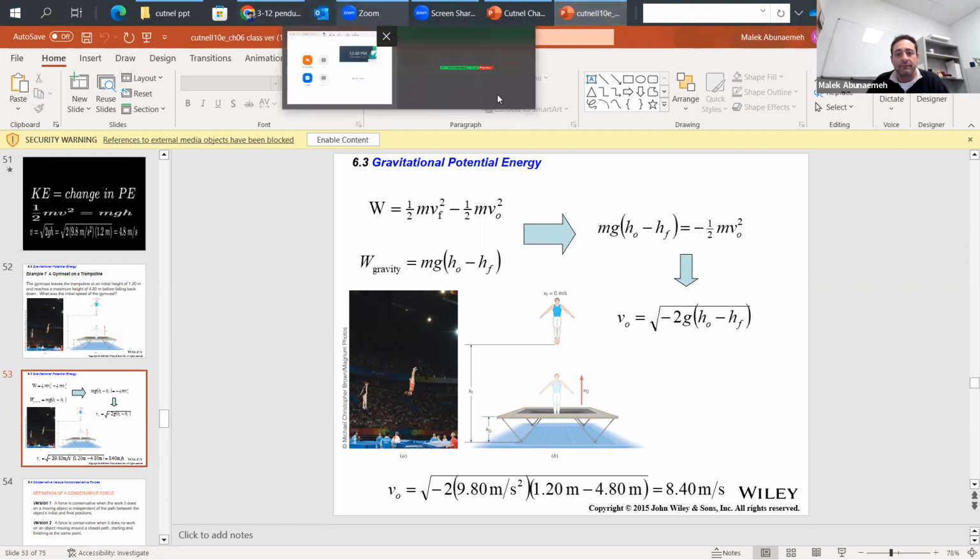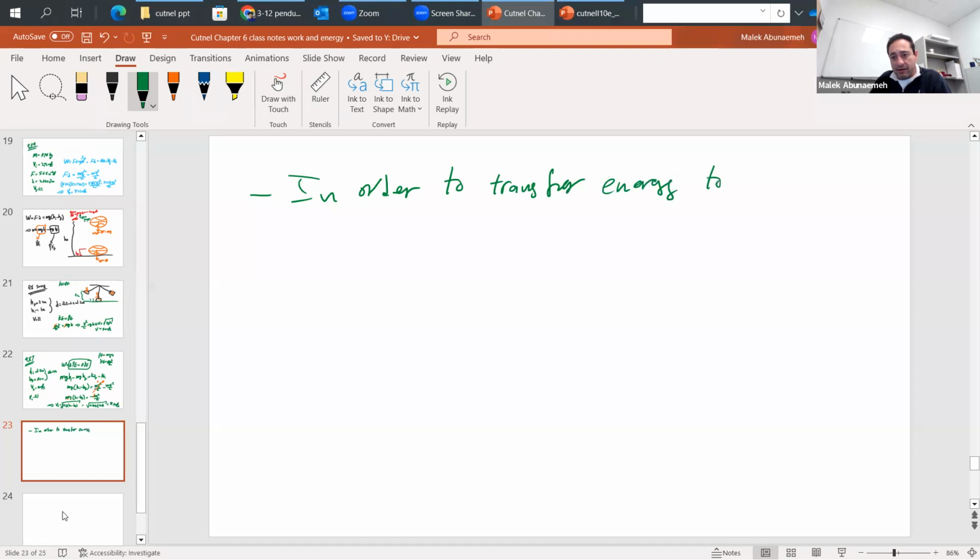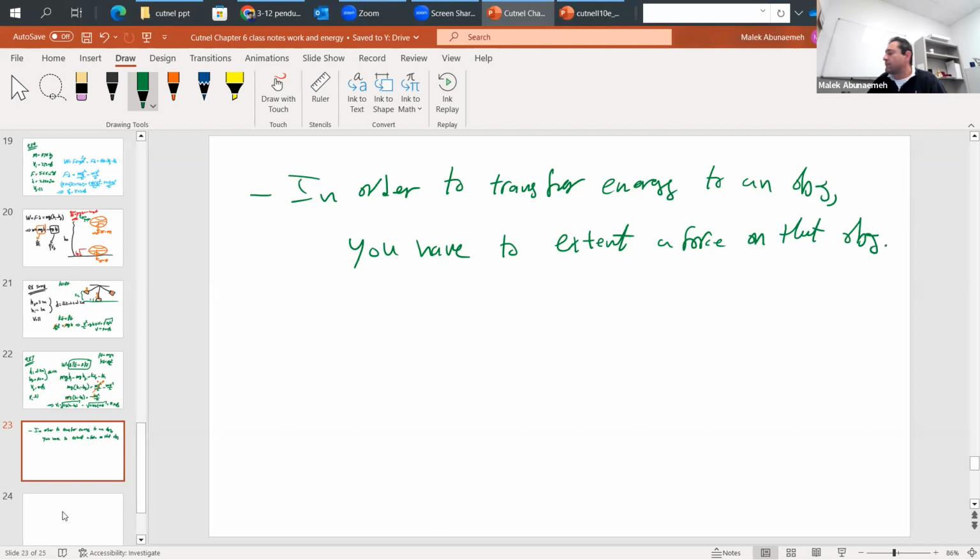All right, so let's go back. In order to transfer energy to an object, you have to exert a force on that object, where your work equals F d cosine theta.